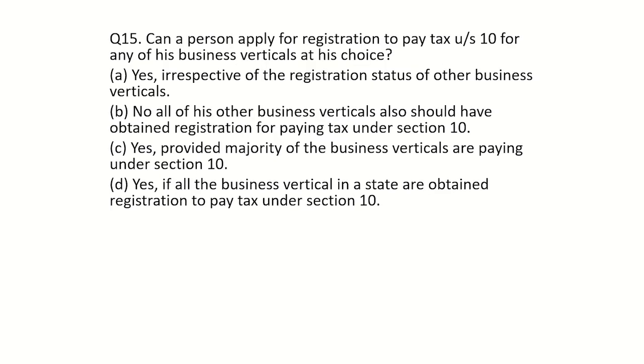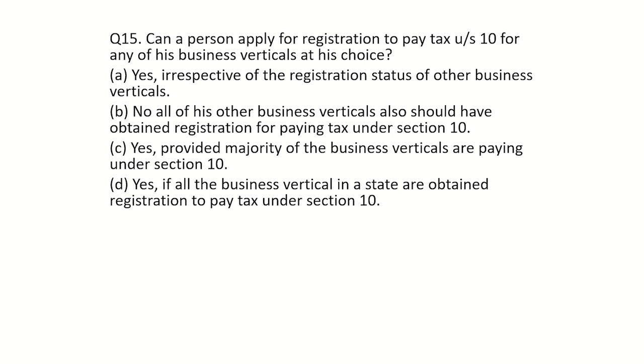Let's move on to the next question. The question is, can a person apply for registration to pay tax under section 10 for any of his business verticals at his choice? The options given are, let's read them. Yes, irrespective of the registration status of the other business verticals. No, all of his other business verticals will also have to obtain registration for payment of tax under section 10. Yes, provided the majority of the business verticals are paying under section 10.